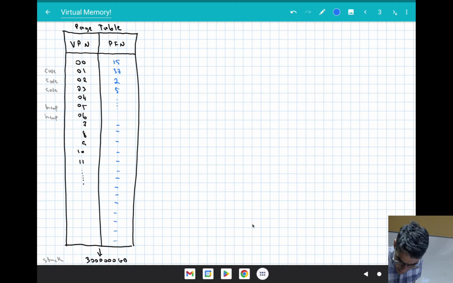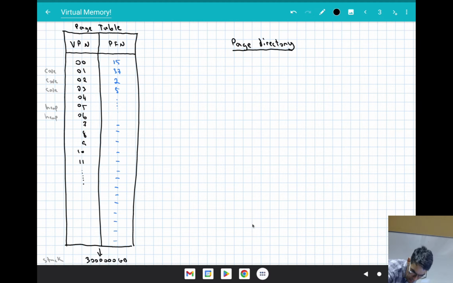The basic idea of a page directory is that I'm going to take that page table that I've got there, and I'm going to partition it in the same way that I partitioned physical memory and in the same way that I partitioned my virtual address space.